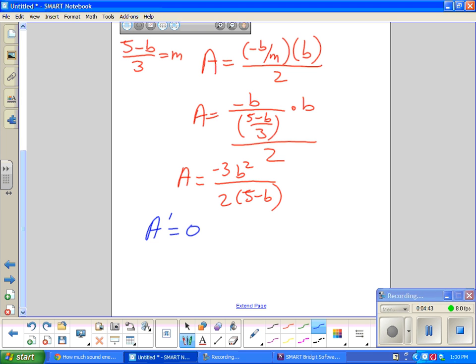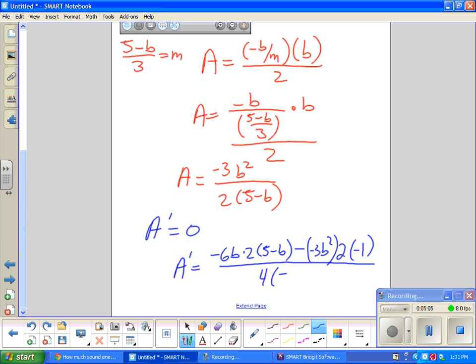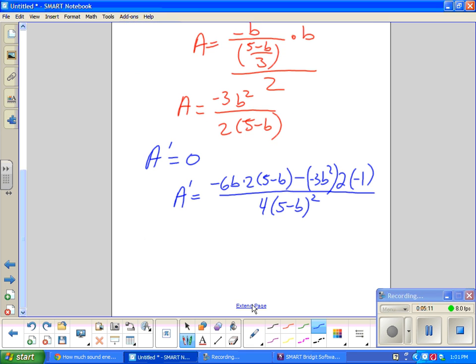I'm going to use the quotient rule and write negative 6b times the bottom, 2 times (5 minus b), minus the top times the derivative of the bottom, which is 2 times negative 1, all over the bottom squared, which is 4 times (5 minus b) squared. I squared both things here. All right, well, I'm going to have to set this equal to 0, but to do that, I got to clean up the top. This is just some math stuff I got to do.